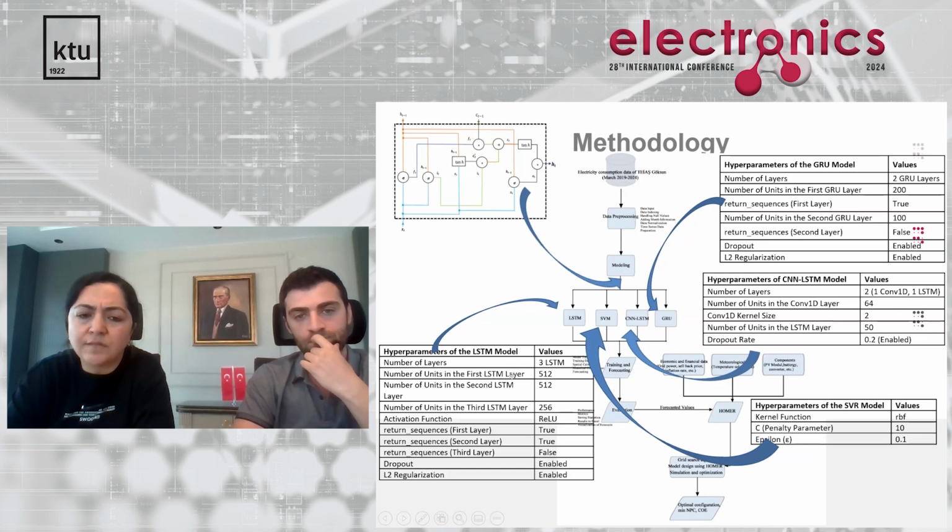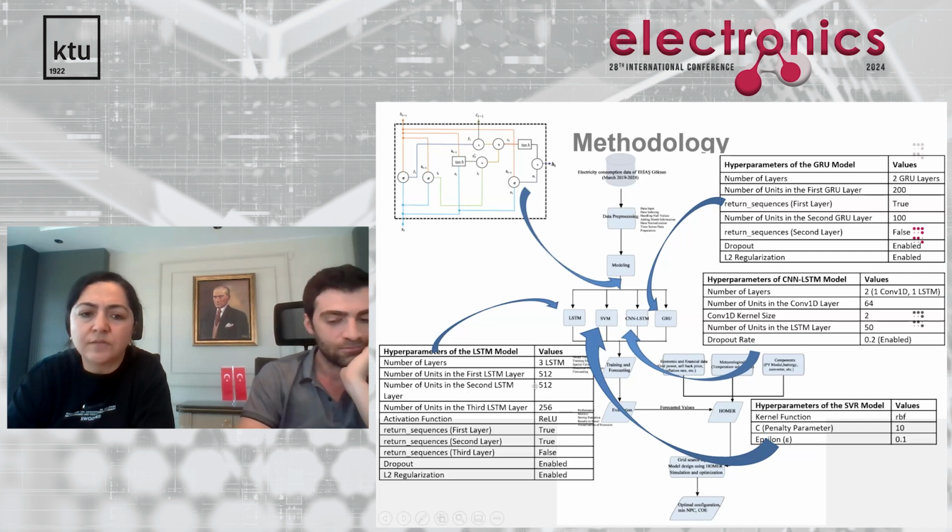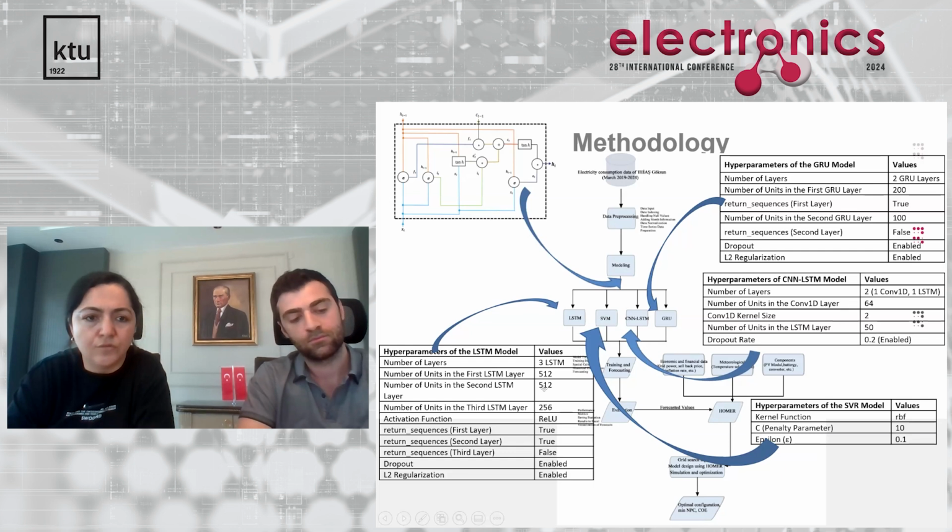The first LSTM layer has 512 units, the second LSTM layer has 512 units, and the last, third LSTM layer has 256 units. We determined these values by the trial and error method.